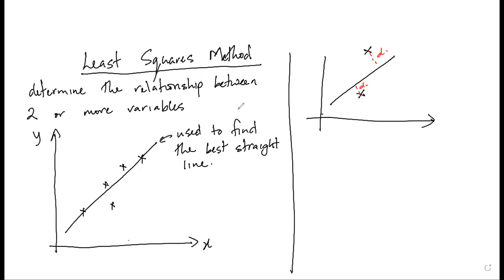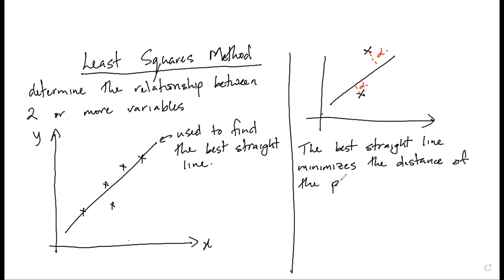All right, so the best straight line minimizes the distance of the points from the line.